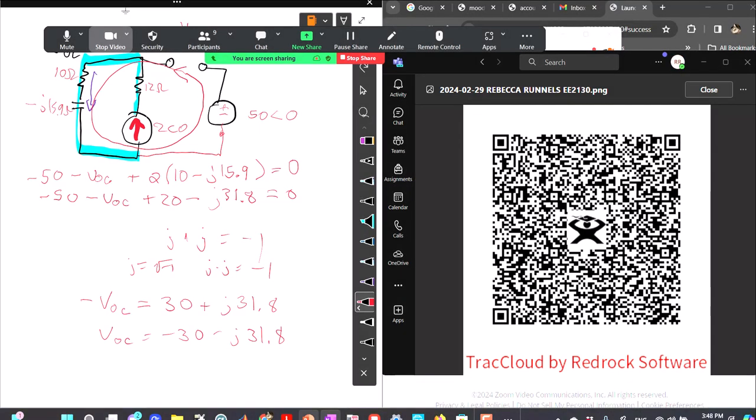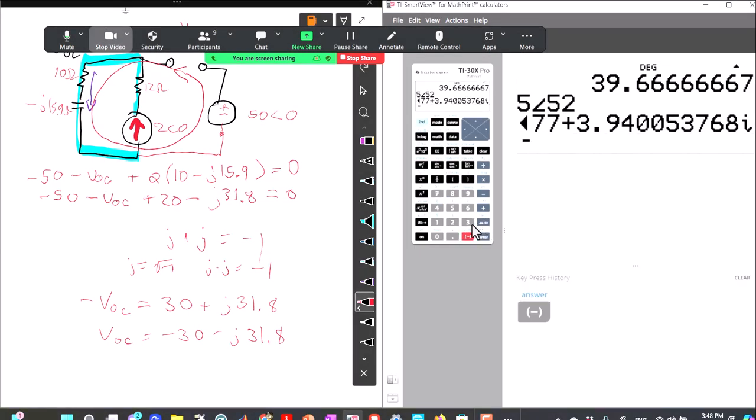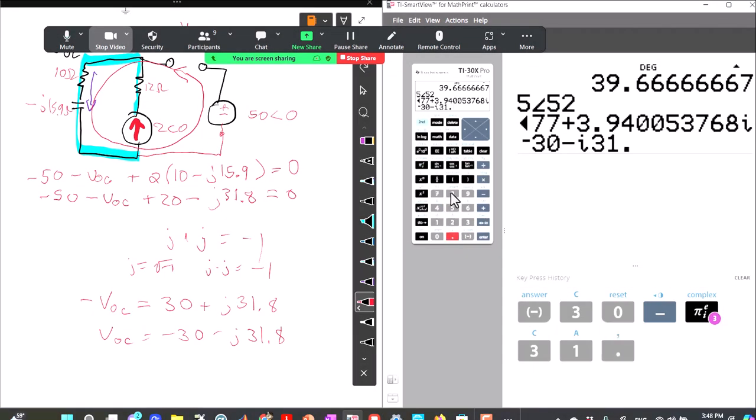All right, and if not, let me go ahead and see what that is in polar. So minus 30 minus J 31.8.